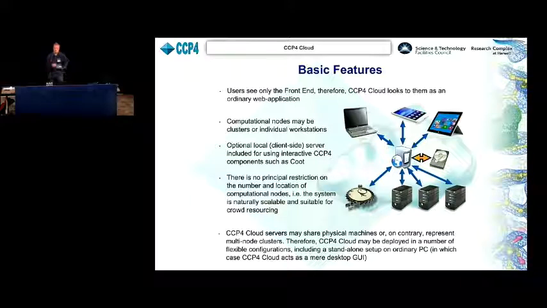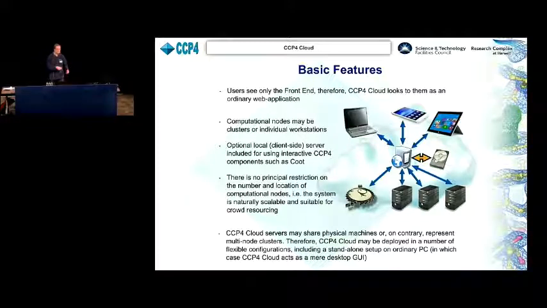So for the users, CCP4 Cloud looks like an ordinary web application, but they have access to computing power through the so-called number crunchers, which can be clusters or individual workstations. You can also include a server locally on the PC where you access CCP4 Cloud.